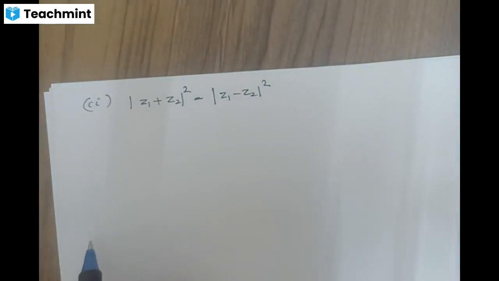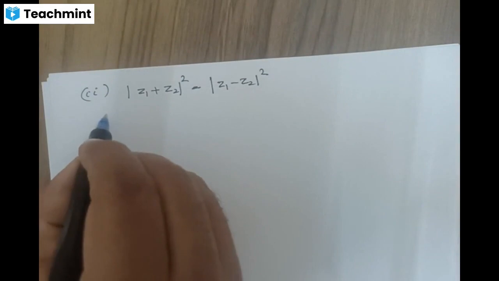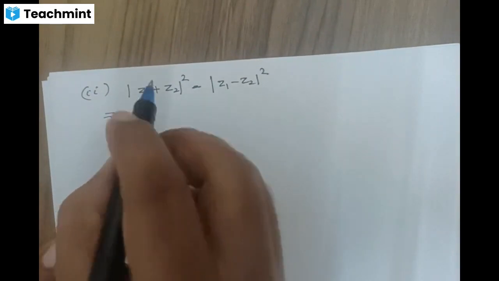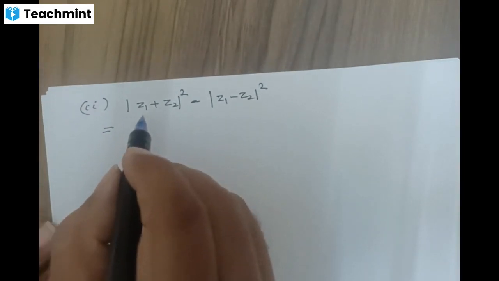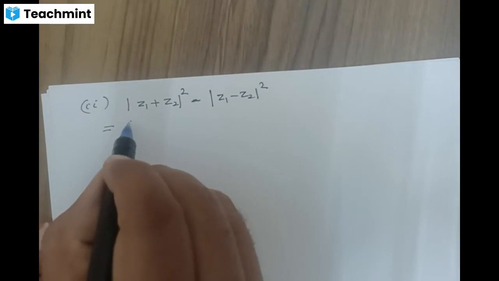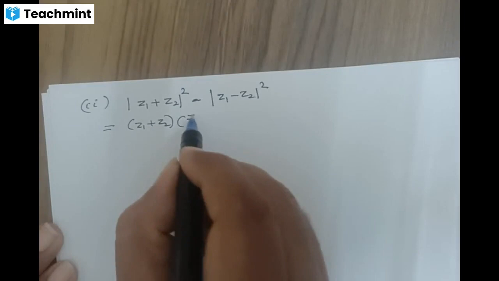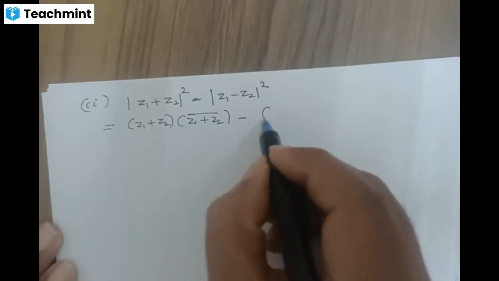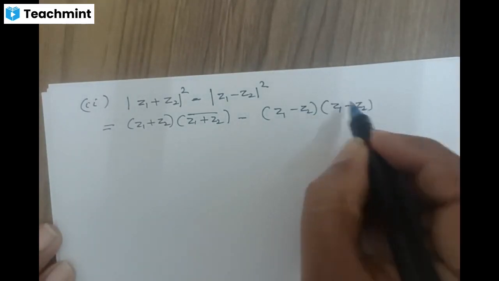Using mod Z whole square equals Z into Z bar, we can write Z1 plus Z2 into Z1 plus Z2 whole bar minus Z1 minus Z2 into Z1 minus Z2 whole bar.